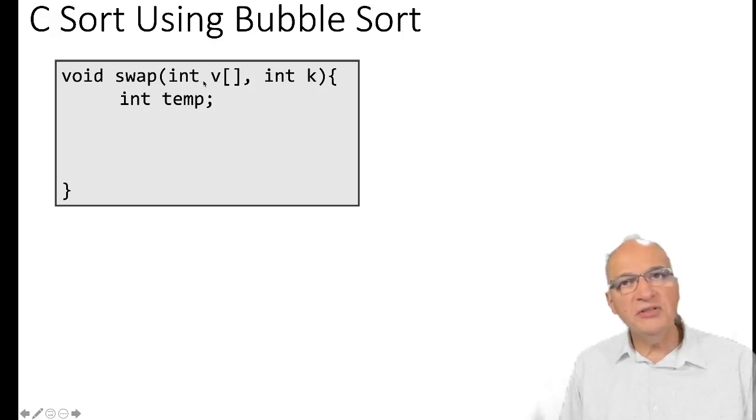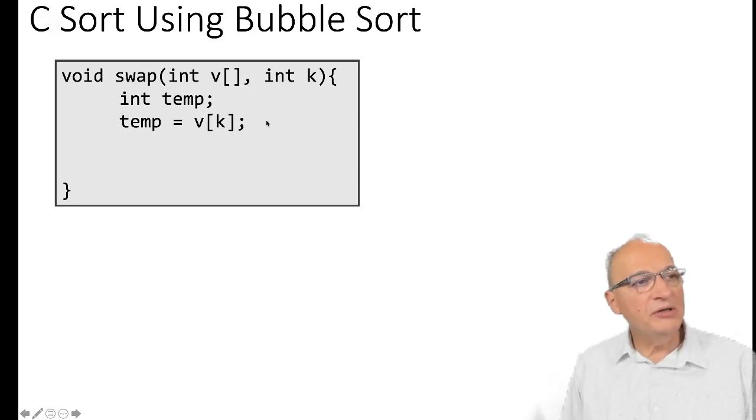I could also have used in C the notation int star v to indicate that I'm receiving a pointer to an integer. And then the second parameter is the value k. Now, in the swap function in C, I will have a temporary called temp.